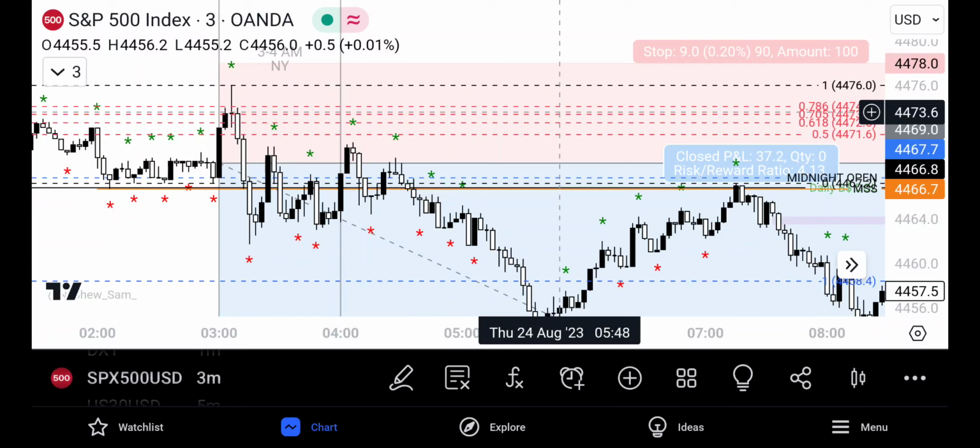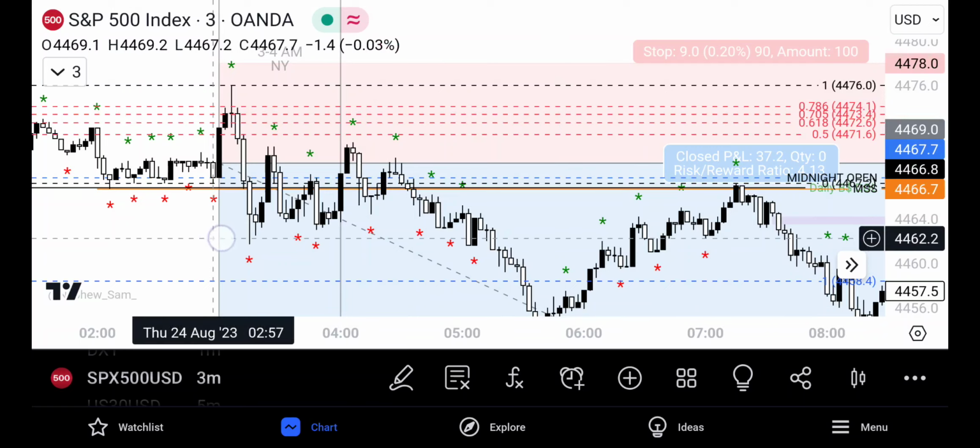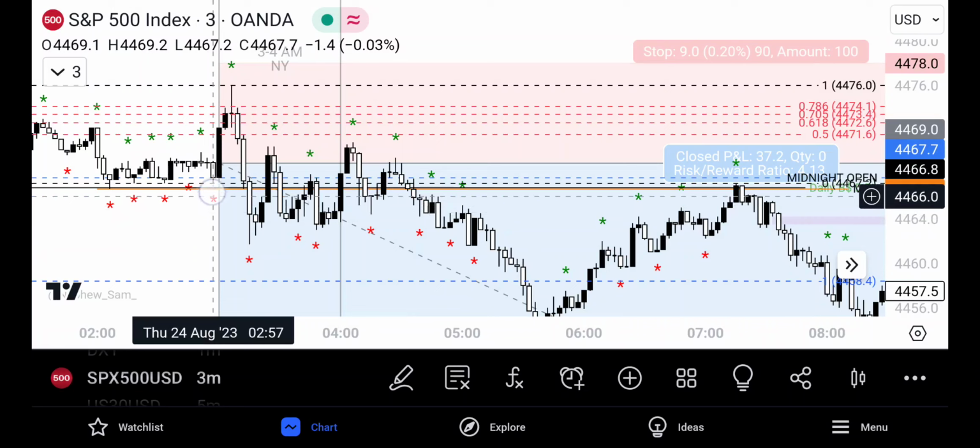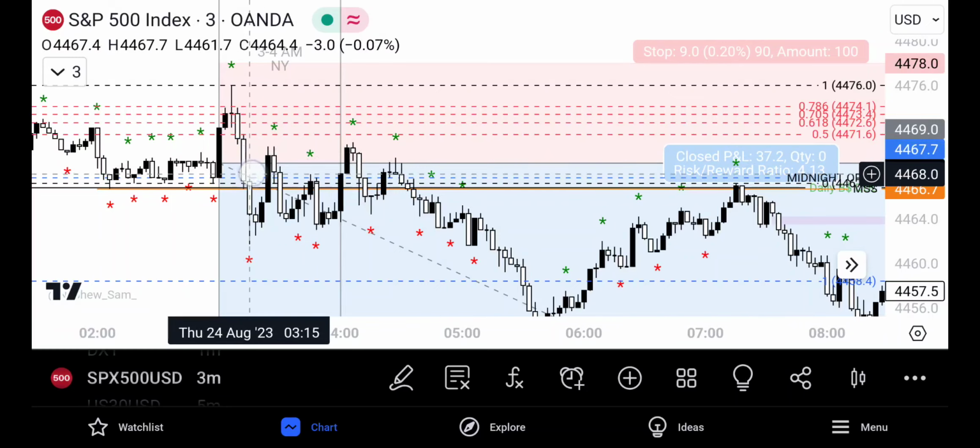So I will look at that, but see this fair value gap right here. It first formed at 3 o'clock, and it was traded through. So this was the fair value gap that I wanted to look for.